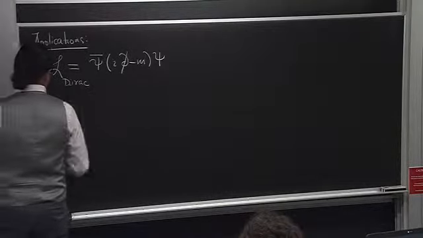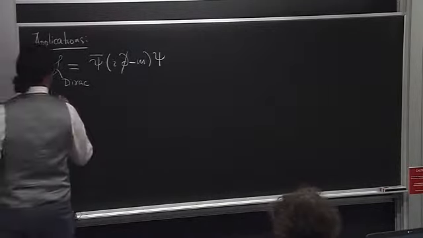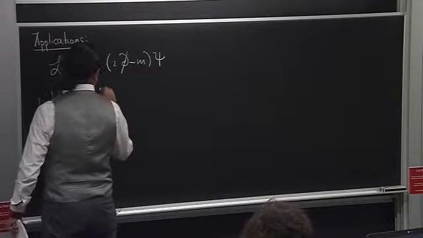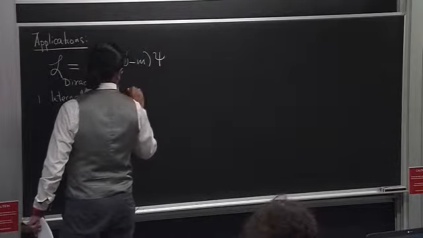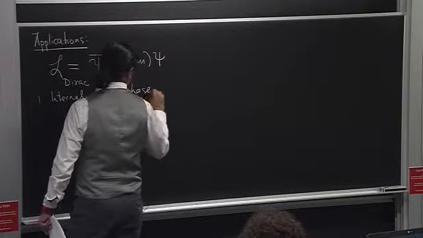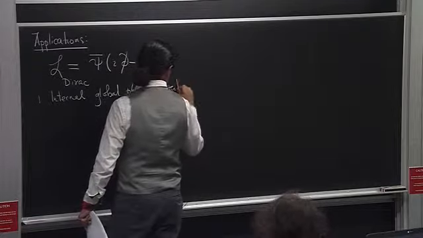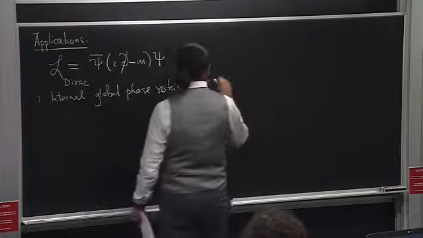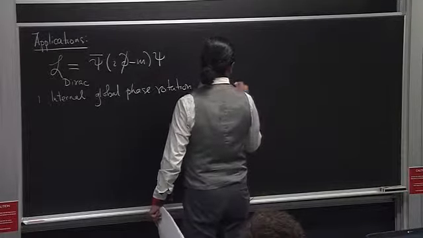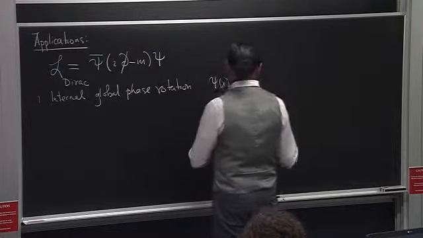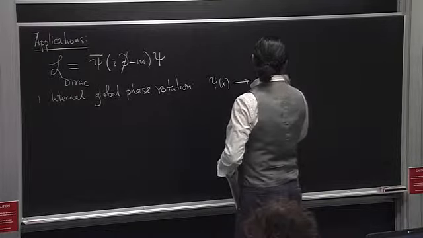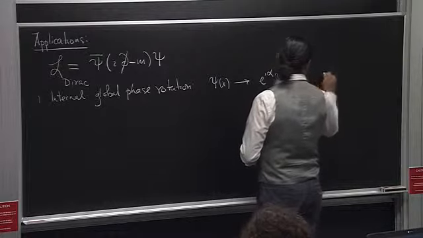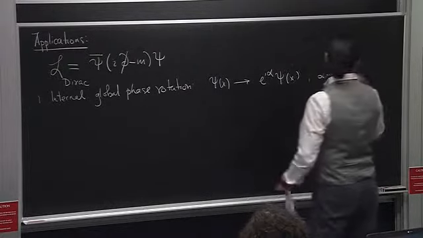And then, number one, the internal global phase rotation. So these are transformations in which you multiply psi of x by a phase which depends on some parameter alpha, where alpha is some constant.